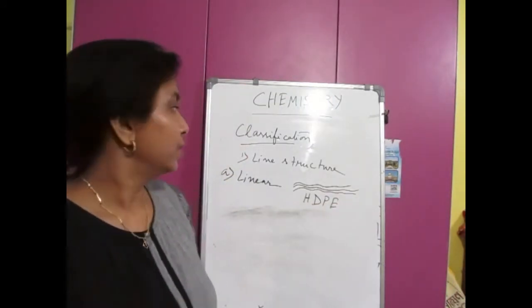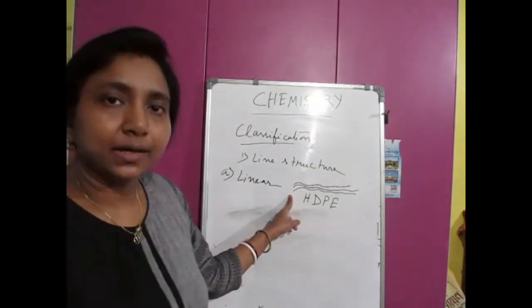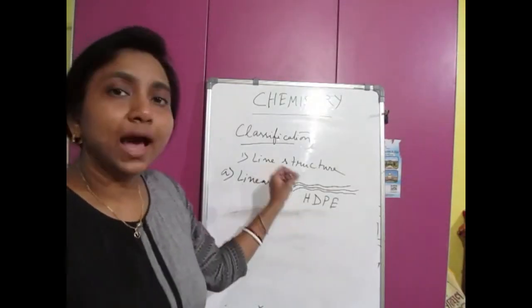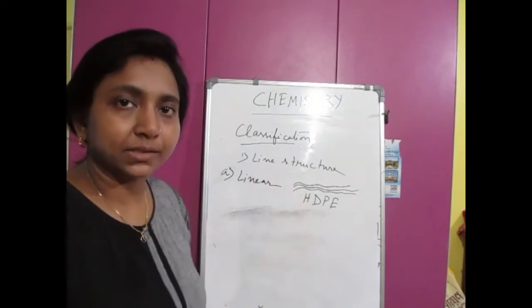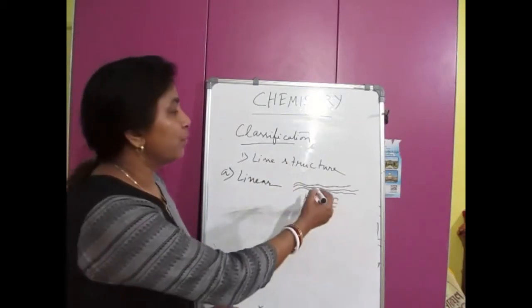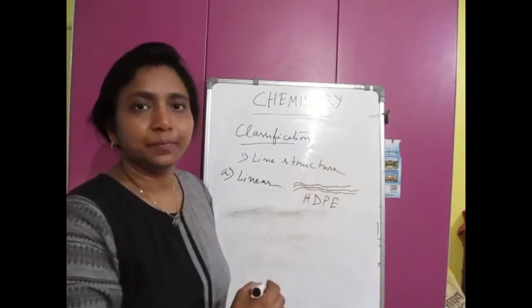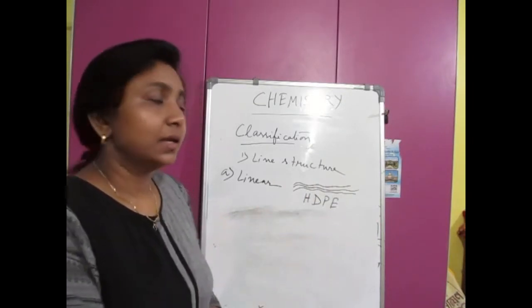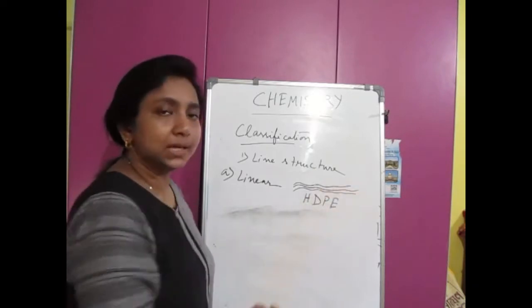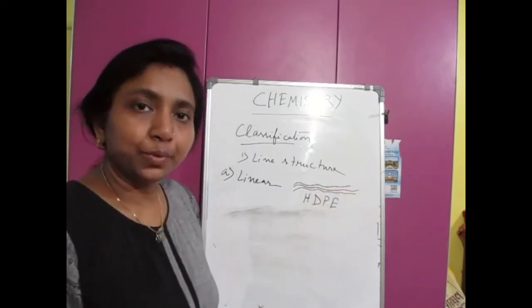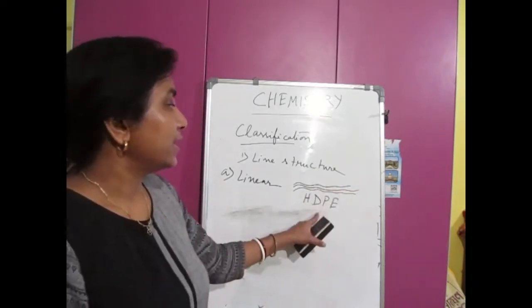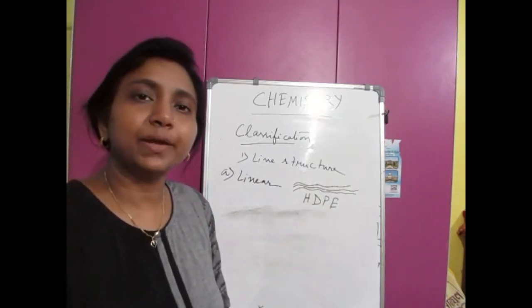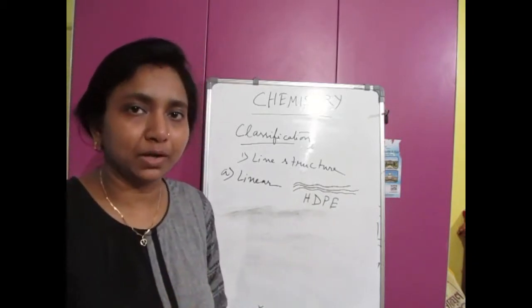So you can see here that in the linear structure, there is very small space in between. They are stacked in such a way that there is almost no spacing. That is why the density is higher. Density means, you know, mass per volume.